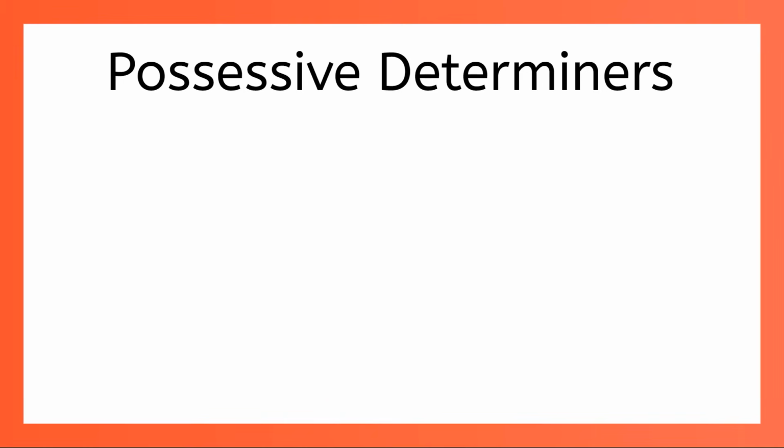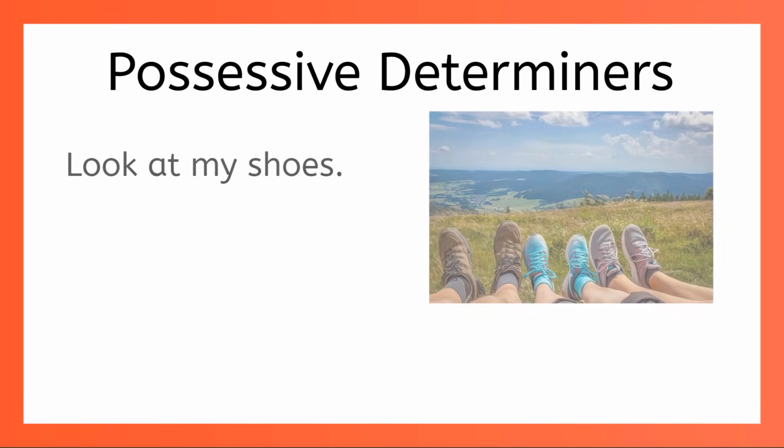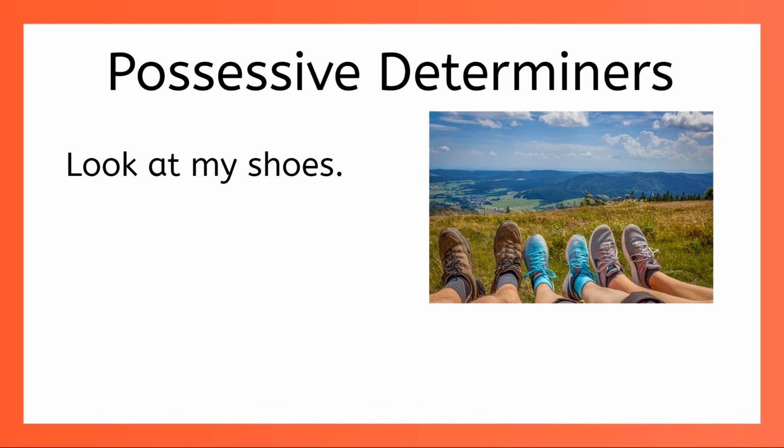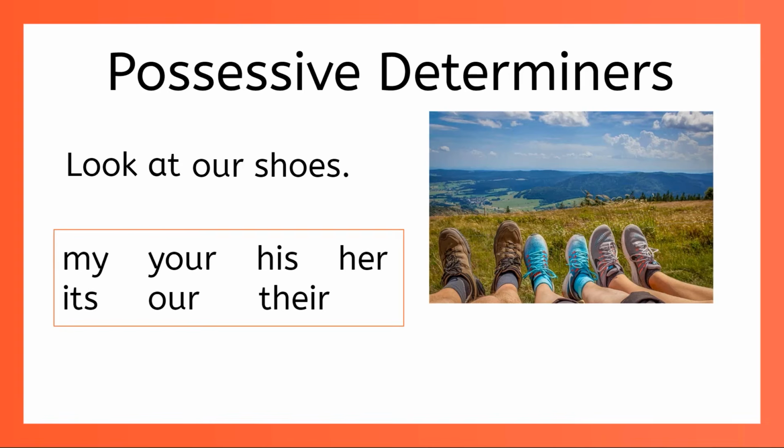There's one thing we need to clarify about possessive case pronouns. There are some pronouns called possessive determiners, and these are the ones we use right before nouns to show possession, like "Look at my shoes and your shoes. Hey, look at our shoes." These pronouns, my, your, his, her, its, our, and their, are not considered part of the possessive case because you can't use them without a noun.